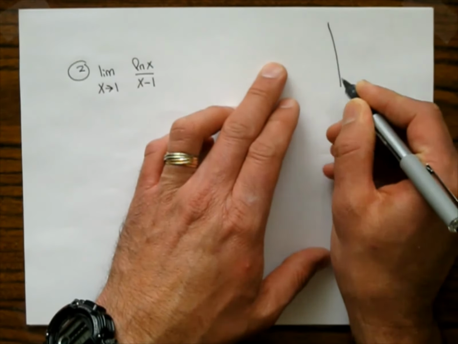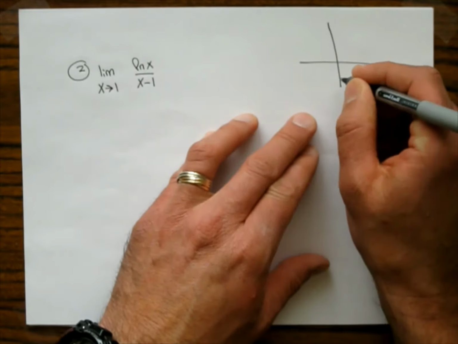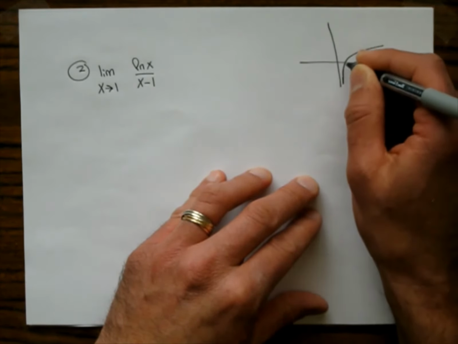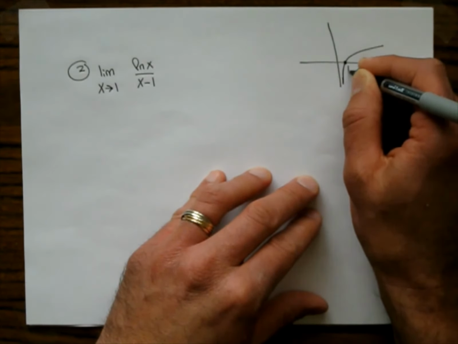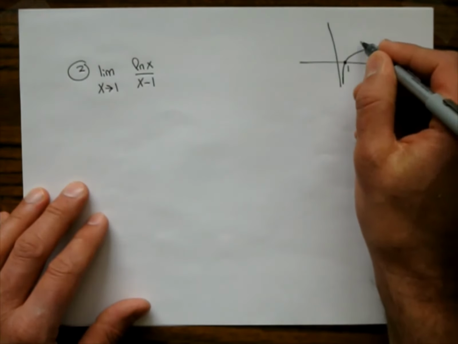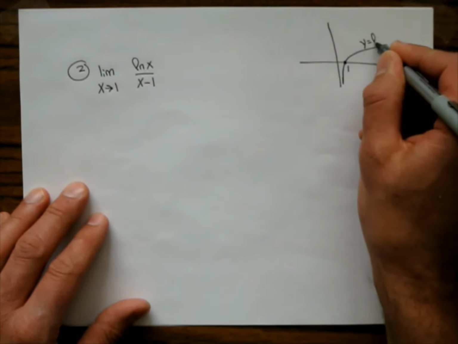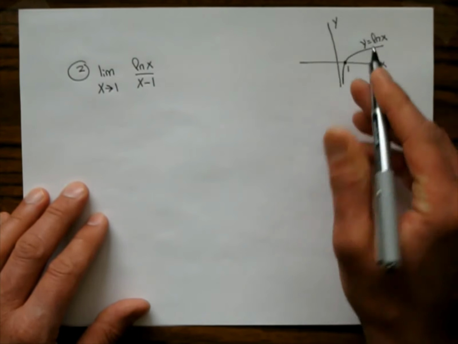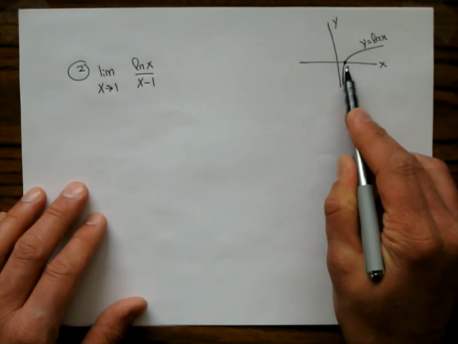One way you're not going to like is remembering that the ln graph goes like that, and so this is y equals ln x. And you can see that if you're at x equals 1, the y value is 0.